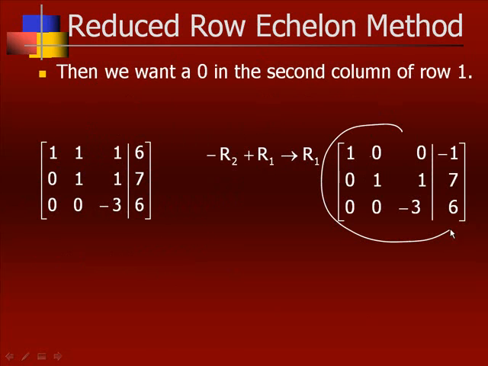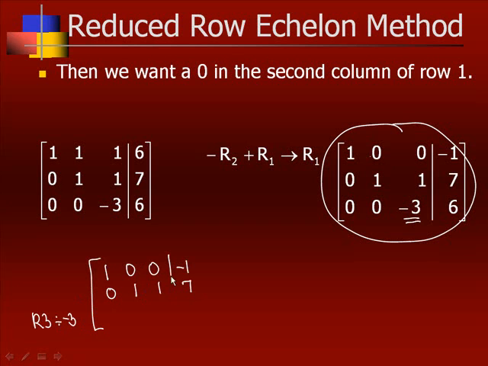Now we're up to this point right here. Now we need a 1 in the third row. Because that is a negative 3, we've got row 3 divided by negative 3. Notice the first row does not change. The second row does not change. But the third row, 0 divided by negative 3 is 0.